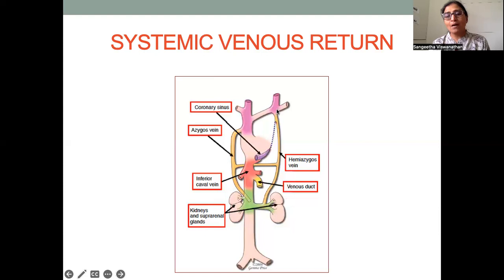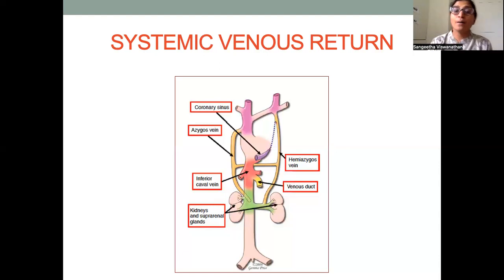Then you can also have persistence of left-sided SVC. Usually the left-sided SVC actually disappears as the fetus develops, right? But you can have persistent left SVC. This is something that you see very commonly. This results in a dilated coronary sinus, which is often a differential diagnosis on fetal echo for a primum ASD. I'm sure this is an exam question for you.